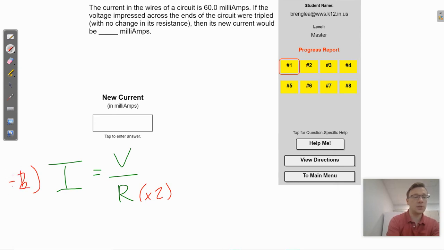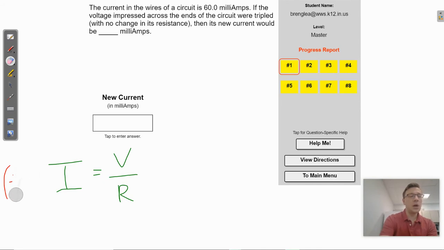Whoops, I wrote a B there because I was saying the word by. So anyway, we'll rewrite that a little bit better. If I multiply the resistance by 2, I would divide the current by 2. If I divide the resistance by 2, I would multiply the current by 2. So it's opposite. And hopefully that makes sense.